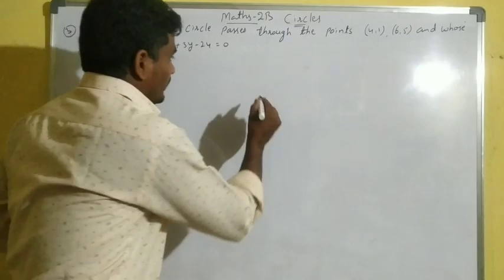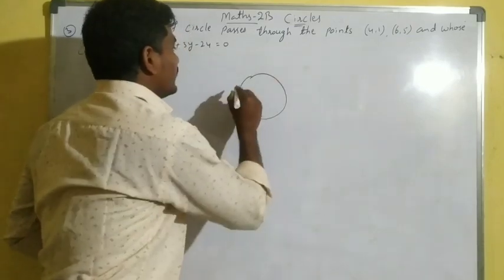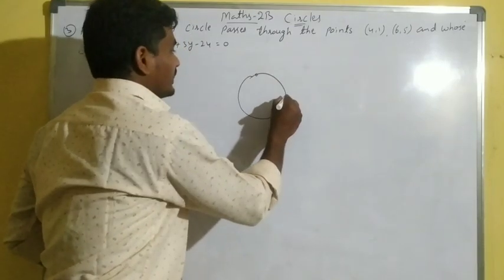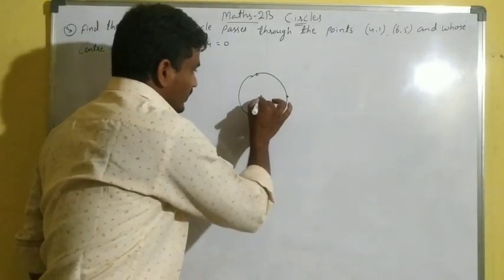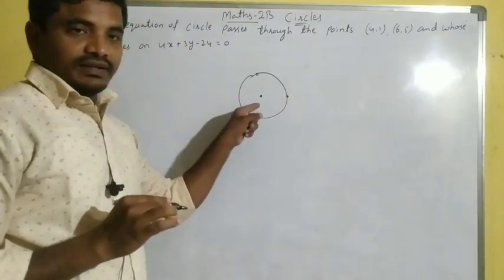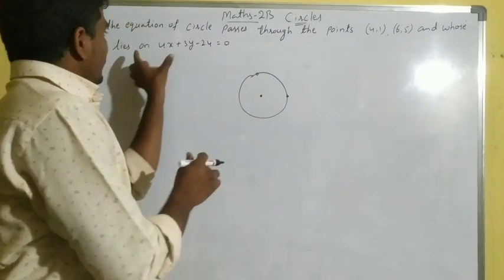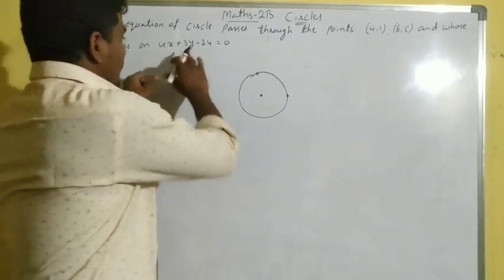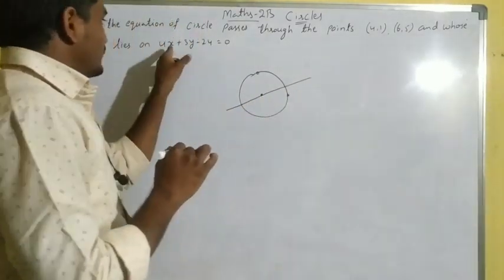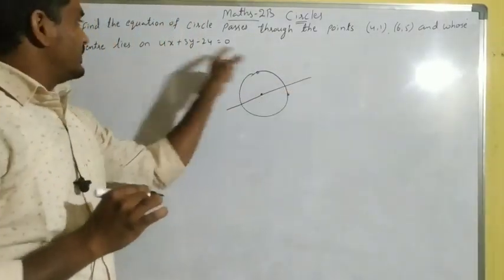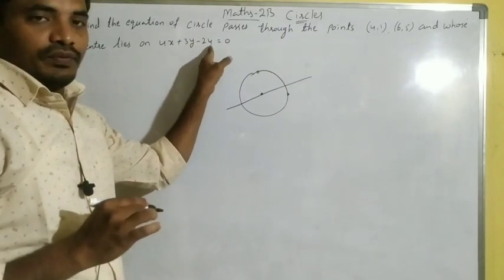Okay, let me take a circle. Here is one point and here is another point, and on the center a line is passing. This line's equation is 4x plus 3y minus 24 equals 0.